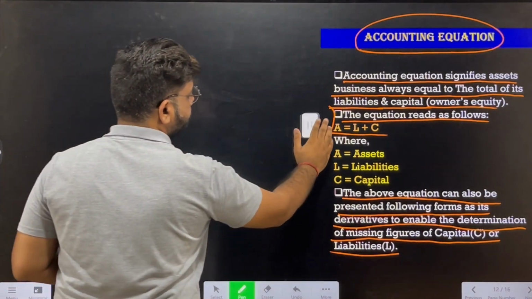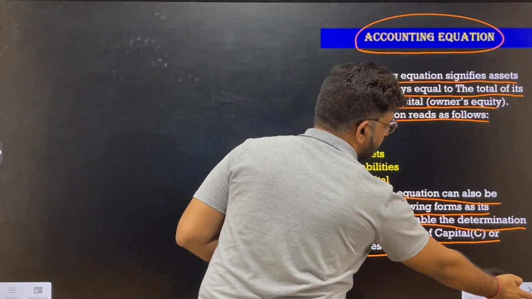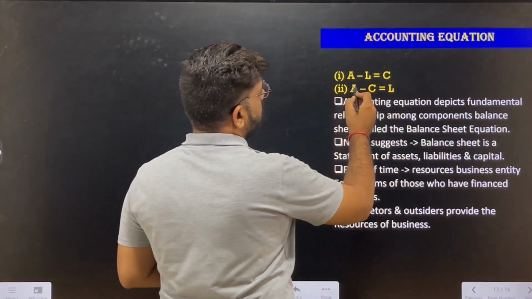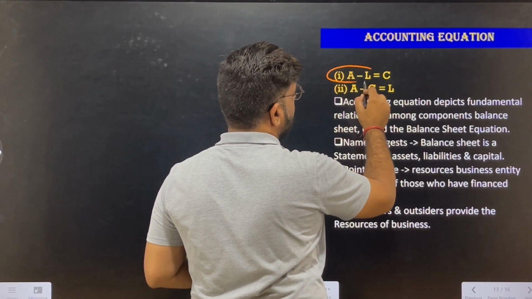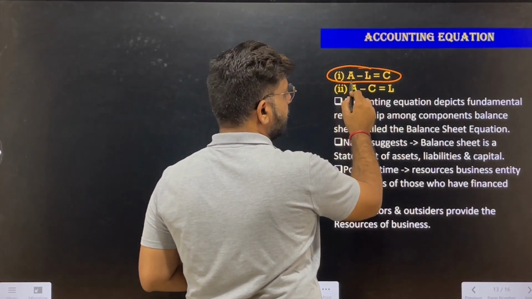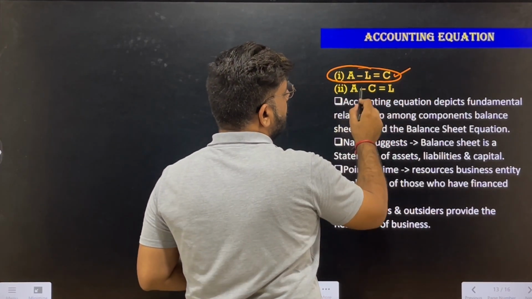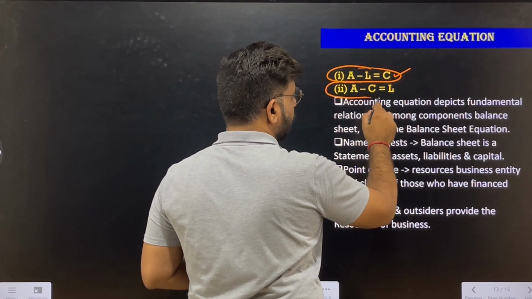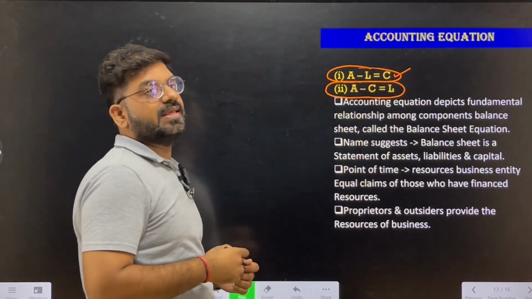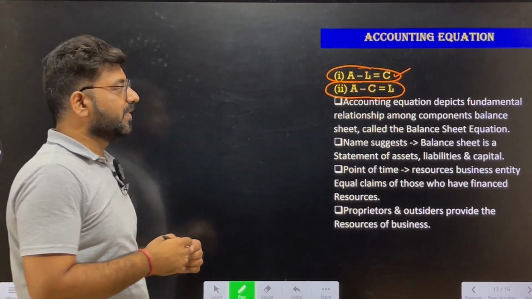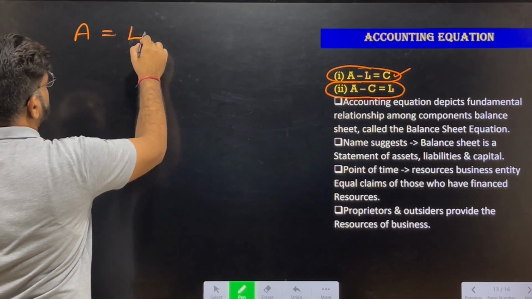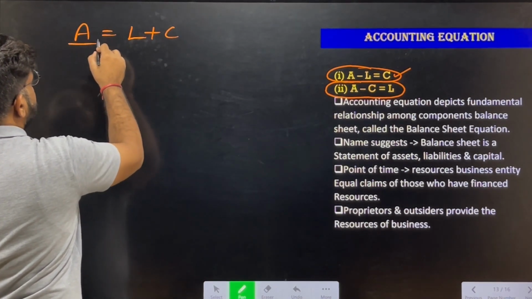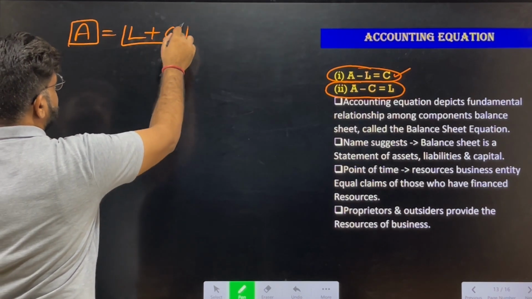Let's check the next slide, then I'll come back to the answer. Now, as we just did, when we deducted liabilities from the assets, we were able to find out the capital. When we deducted the capital from the assets, we are able to find out the liabilities. It is simply because these two items are equal, that is, assets is always equal to liabilities plus capital.